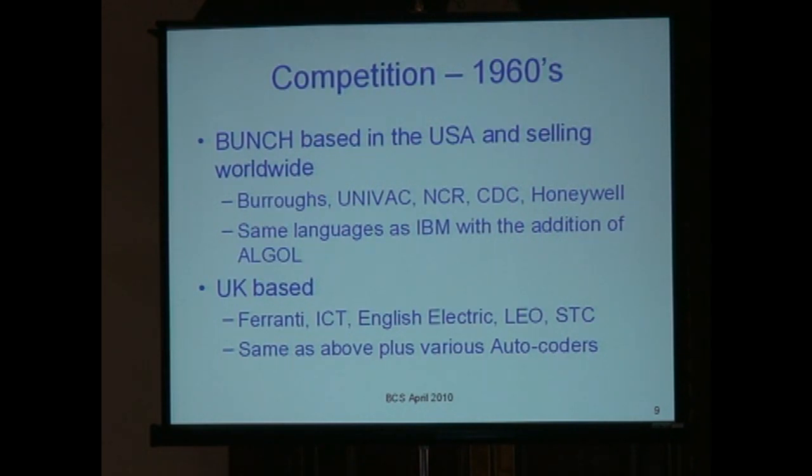And in the UK we had, as I've been hearing today already, ICT, English Electric, Leo with Lyons Electronic. And then their software on there was basically Autocoders, whereas IBM was COBOL, Fortran, and of course Honeywell stuck out for Algol, from what I remember, as their main language.